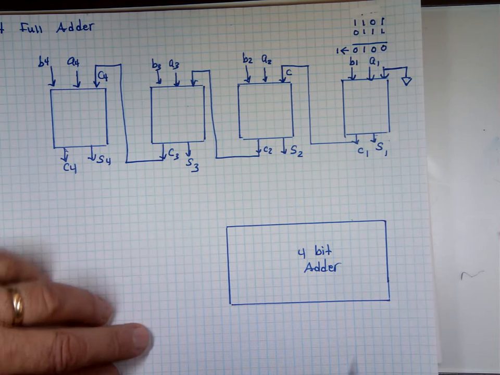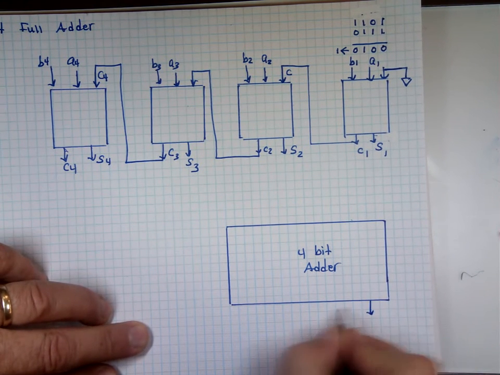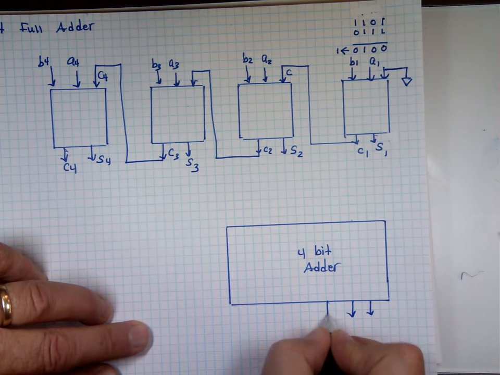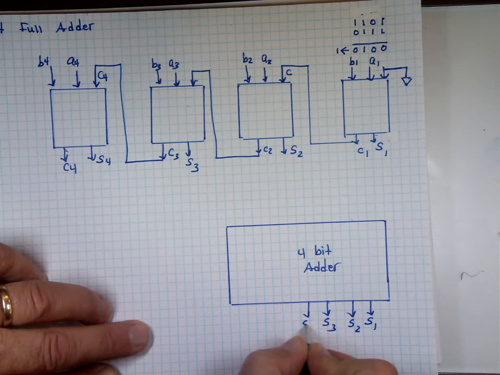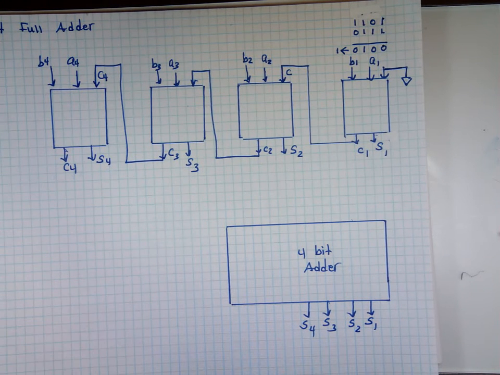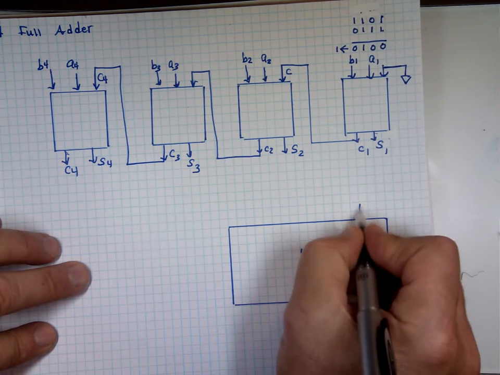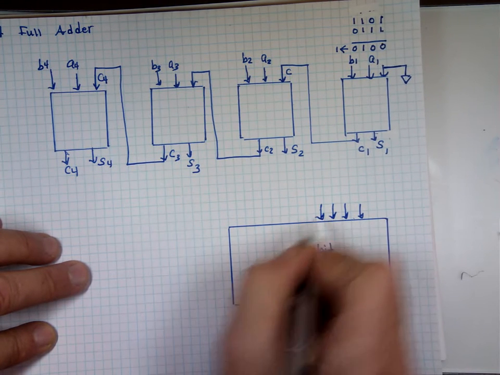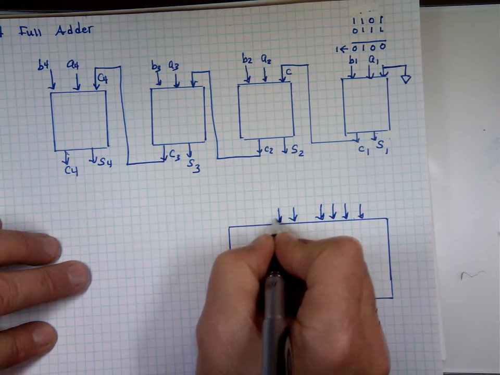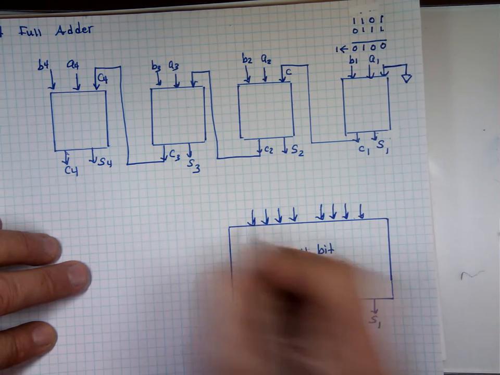We have 4 outputs coming out, S1, S2, S3, S4. You have 4 digits for A and 4 digits for B. And you have a carry coming in.